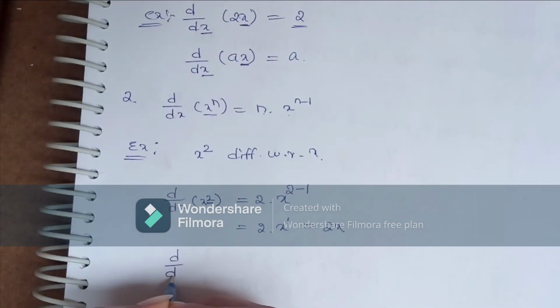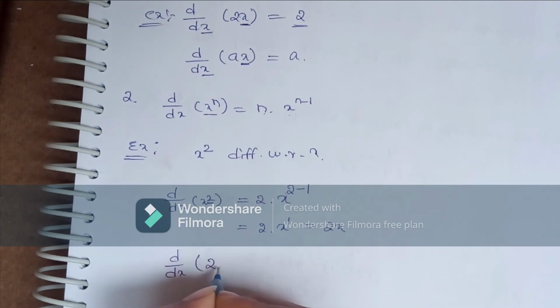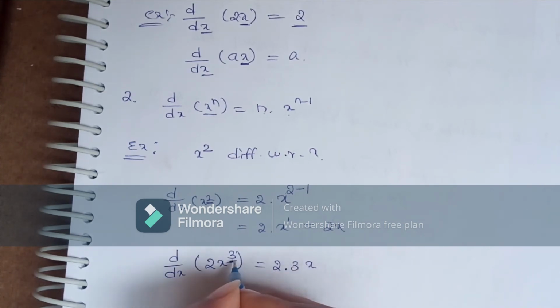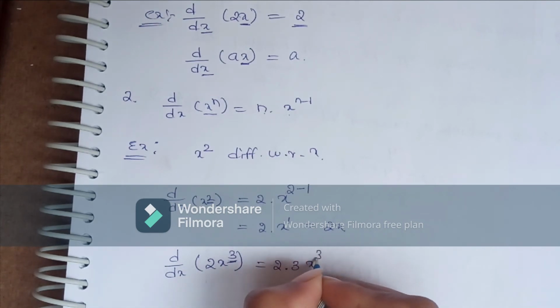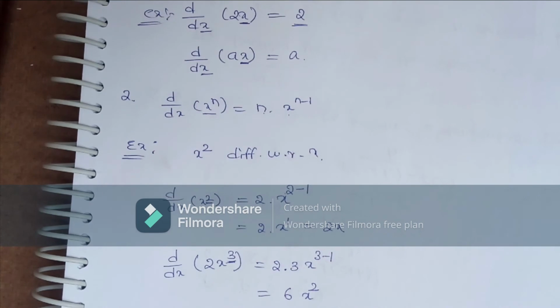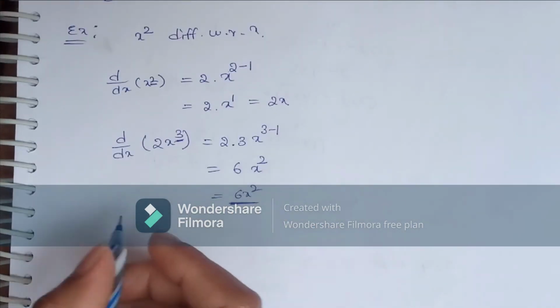Another example, d by dx of 2 into x cube: here n is 3, so 2 into 3 is 6, x power 3 minus 1, that is 6x square.